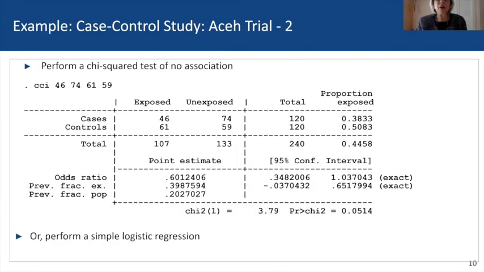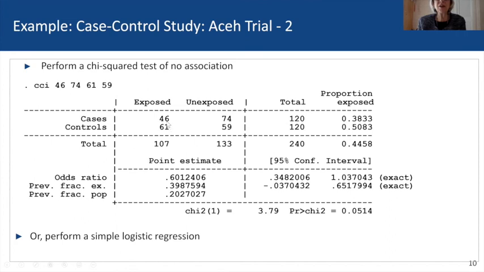But now let's look at how we could perform a chi-squared test of no association in a case control study. So in Stata, there is a command called cci, case control immediate, where we put in the cell counts for the inner 4 cells of the 2x2 table.